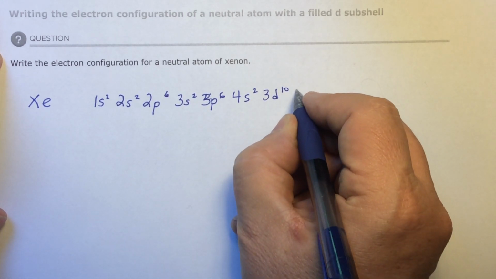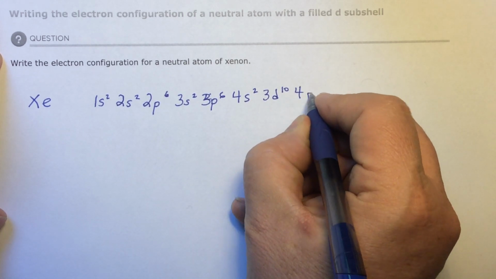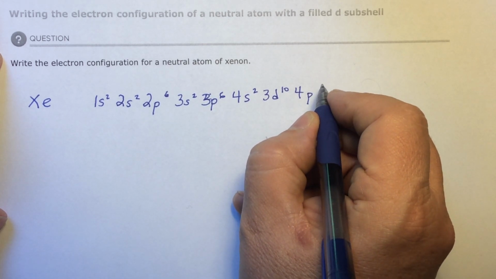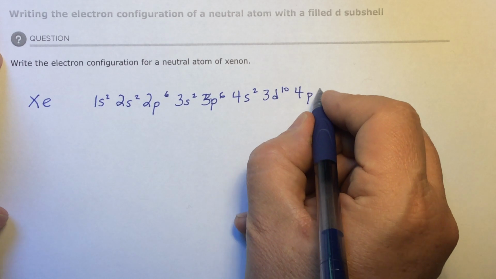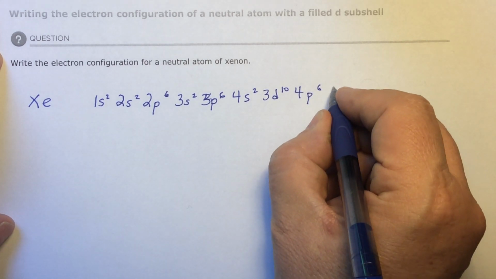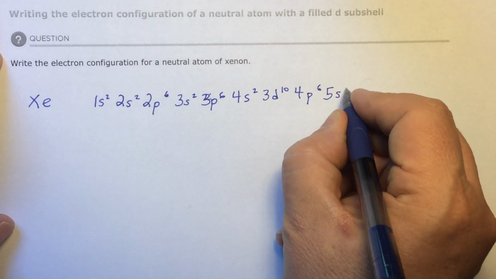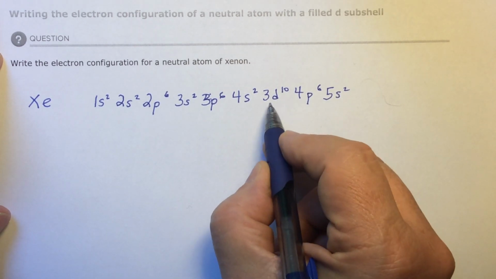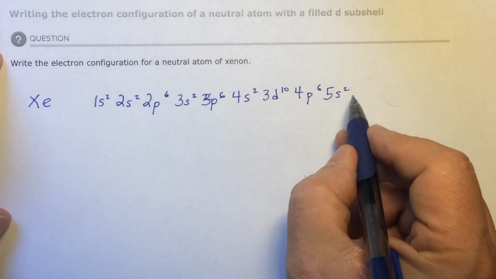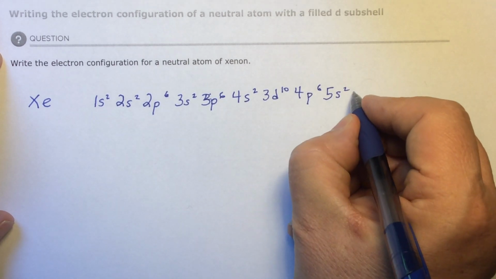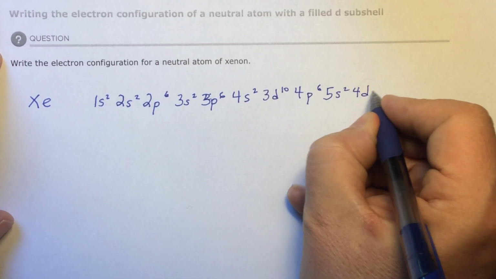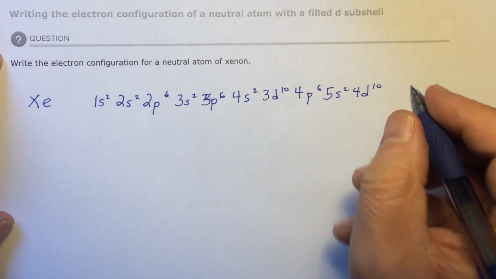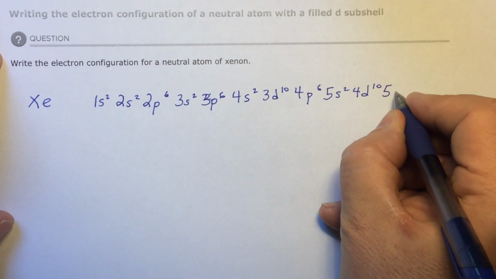We're now into the 4p, 4p6. 4p6 is krypton. Now we're in the 5th shell, 5s2. After s's are d's, but I'm one off, so I've already done 3d, so now I do 4d. It's full up to 4d10, and now we're back into 5p6.